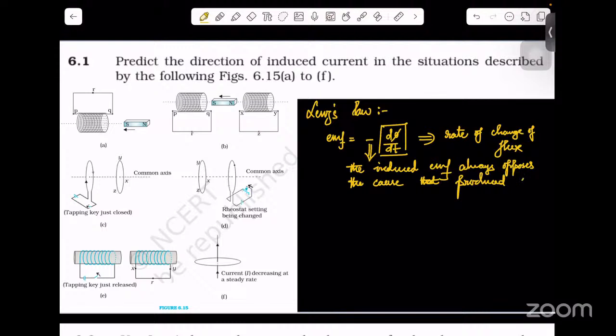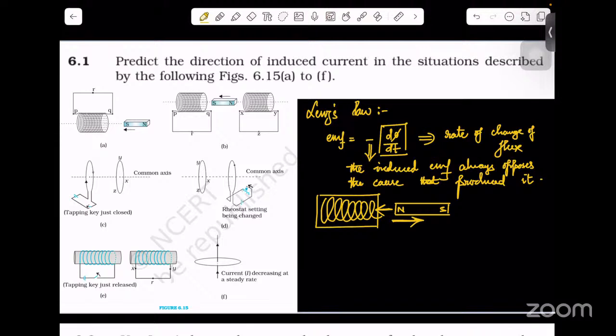That means if I have a coil of wire over here and I try to bring a magnet with the north pole towards it, then the current induced in this coil would be such that it will try to repel this magnet.